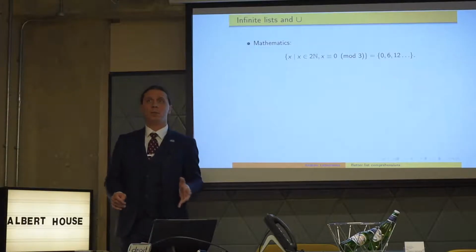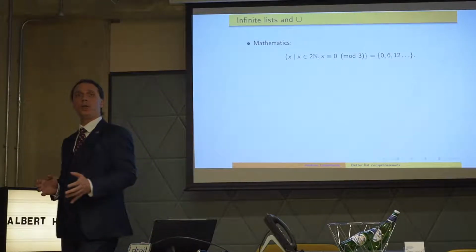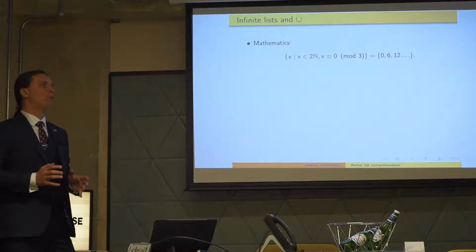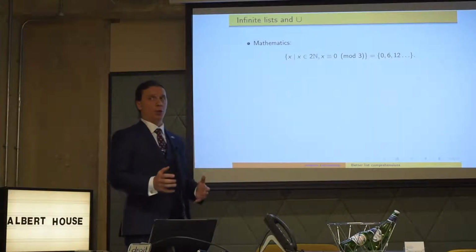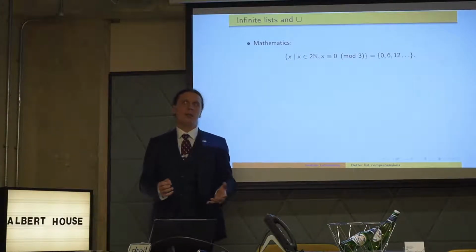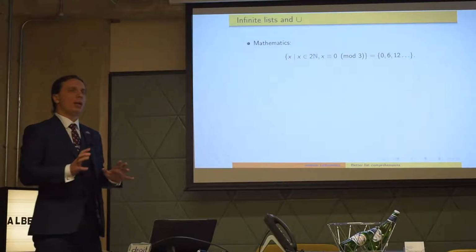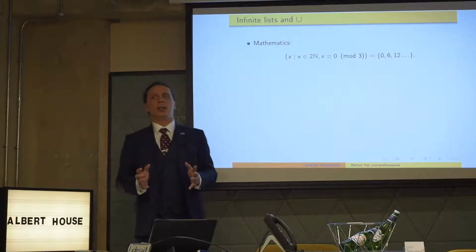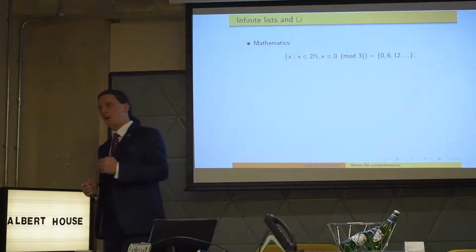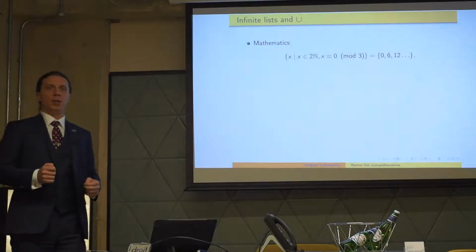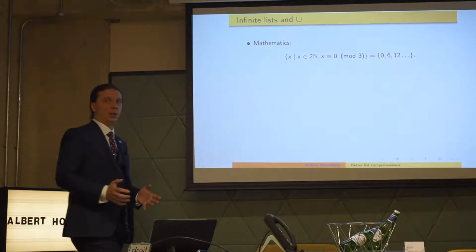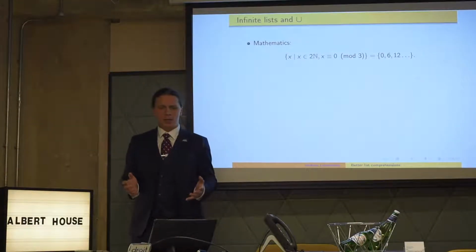So the first one is that in mathematics we very often work with infinite objects. And it's kind of good. We all know, well, okay, most of us know that Haskell is very good when you need an infinite list of something. So we do not expect any trouble here.